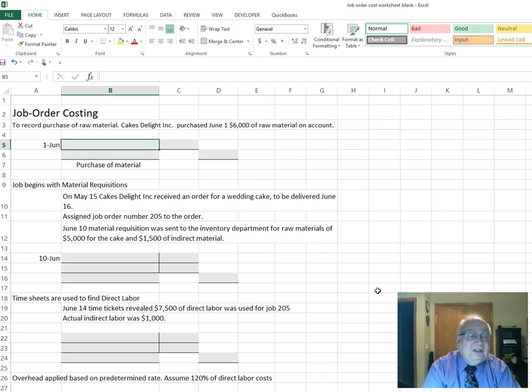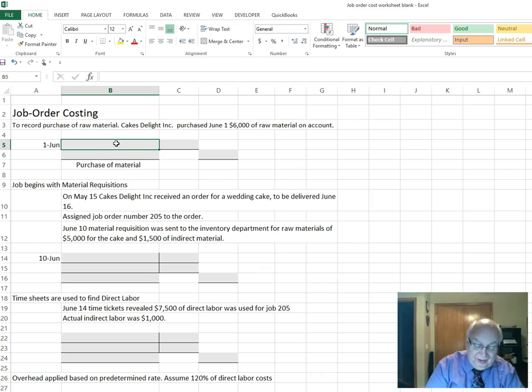Okay, so a lot of this is going to be journal entries that you keep track of. To record a purchase of raw materials, this is what we have on the first one. We have a company called Cakes Delight Incorporated. They purchased on June 1st $6,000 worth of raw materials on account.